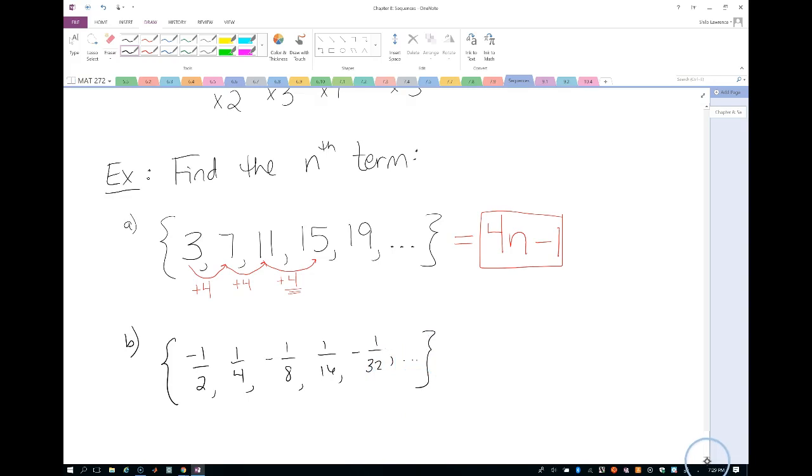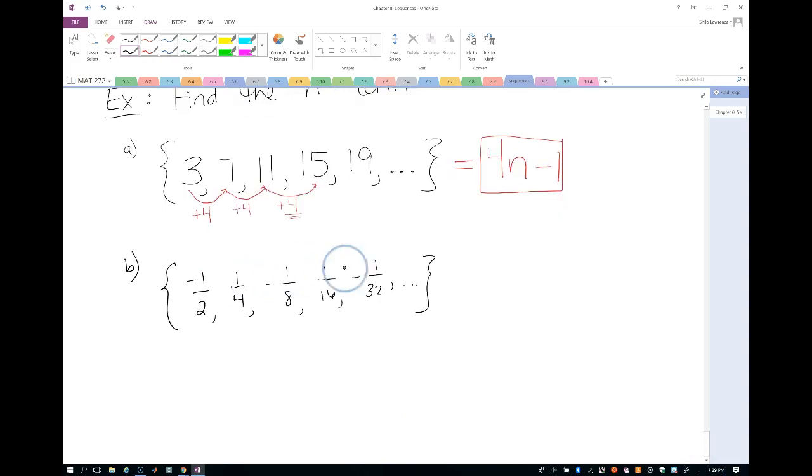Anytime you're dealing with fractions, it's usually easier to look for a pattern just among your numerators and your denominators individually. So in my numerators, I'm just going to consider those negatives to be part of the numerator. Our numerators are just flipping back and forth between positive and negative 1, and it starts with negative 1. So that means we're going to have negative 1 to the n. That will start us with negative 1.